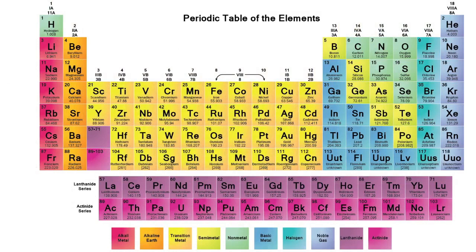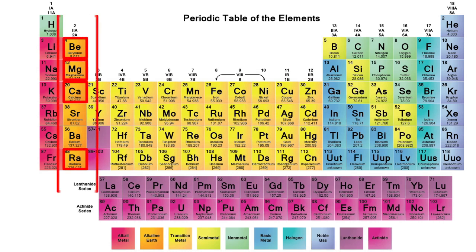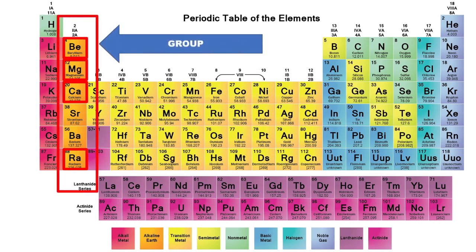Now, based on the given elements, the elements are located in this part. We have Ca, Be, Ra, and Mg. Now, they belong in groups or family.